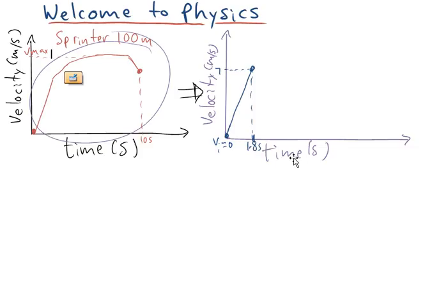Then after this constant acceleration phase, we're going to accelerate a little bit more, but not at the same rate. We slow down our rate of acceleration, and it's a little shallower. You notice that the slope of this line is less than the slope of this one.